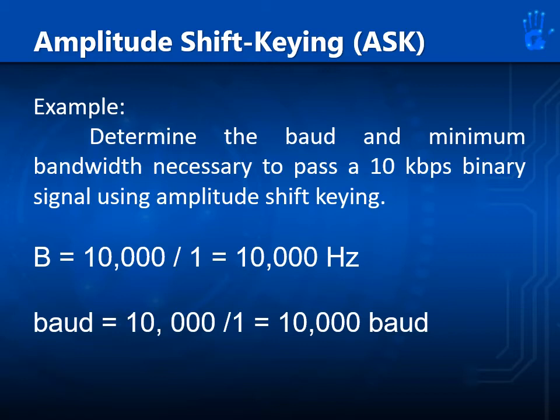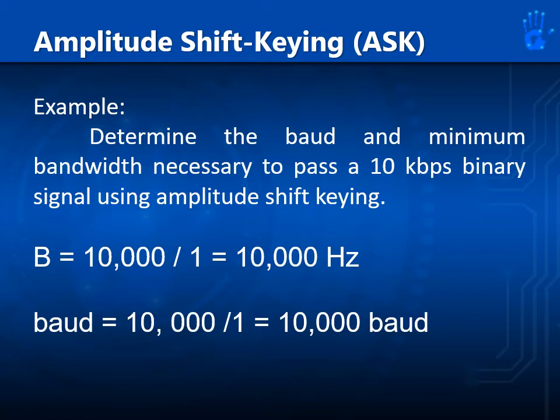For ASK, n is always equal to 1, and the baud and the minimum bandwidth are determined from the equations that we have seen before. So we have B is equal to f sub b, that is equal to 10 kilobits per second in this example, divided by n, that is always 1.